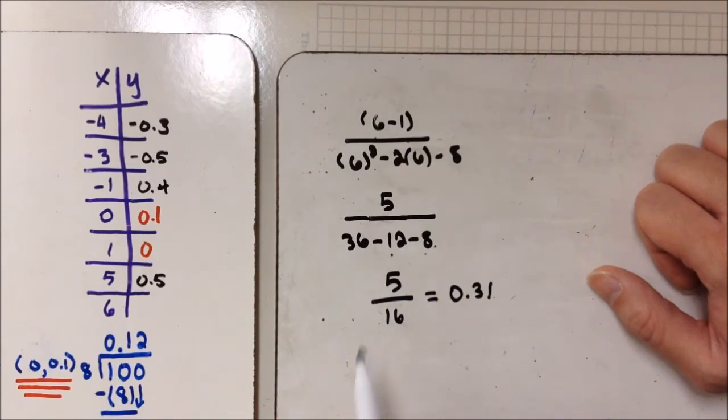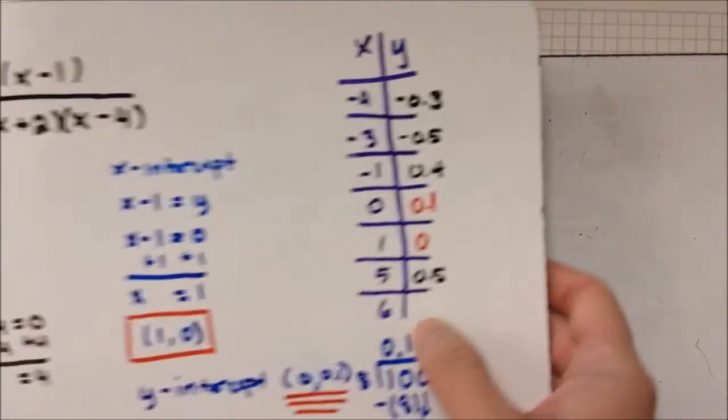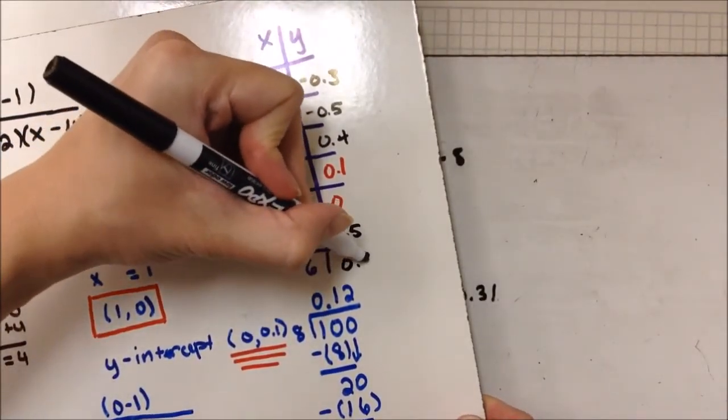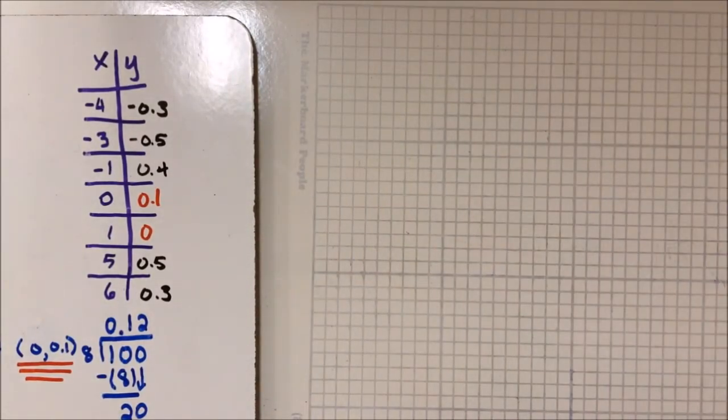So we don't have to do long division since we already did that. It's just opposite sign. Now graphing wise, we're just going to use 0.3. So here for 6, 0.3. Now if you want to check, you can always use long division. Now let's get down to graphing.